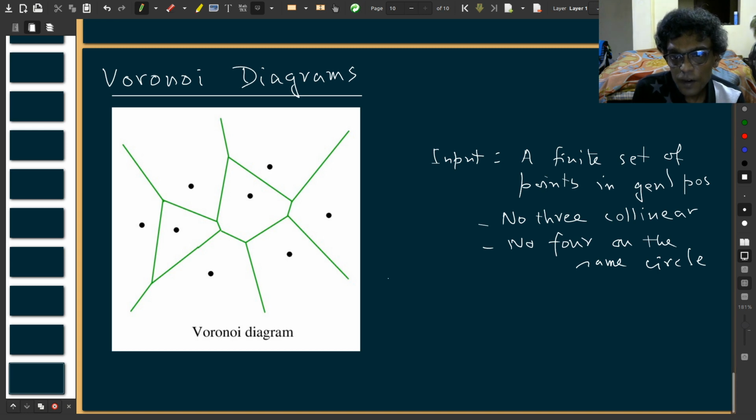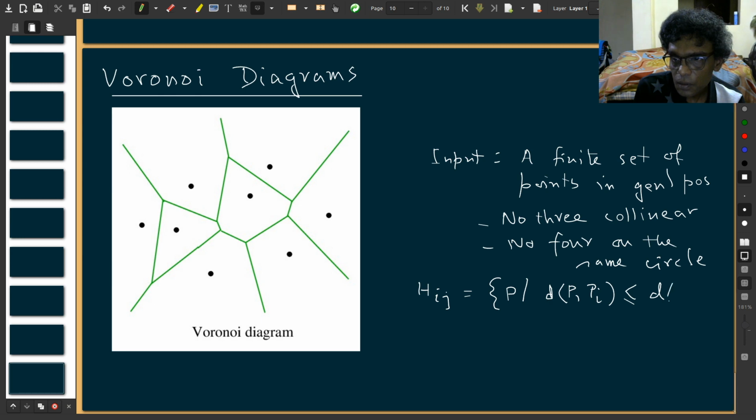Given 2 points Pi and Pj, I define Hij as the set of all points P in the Euclidean plane such that the distance between P and Pi is less than or equal to the distance between P and Pj. So, this is a half plane.